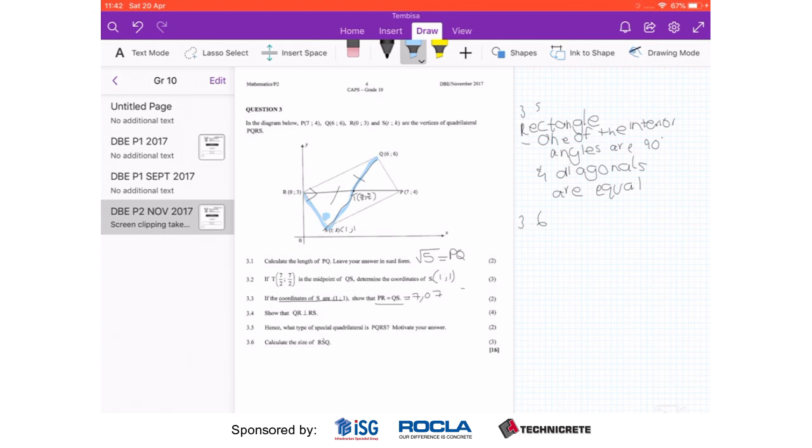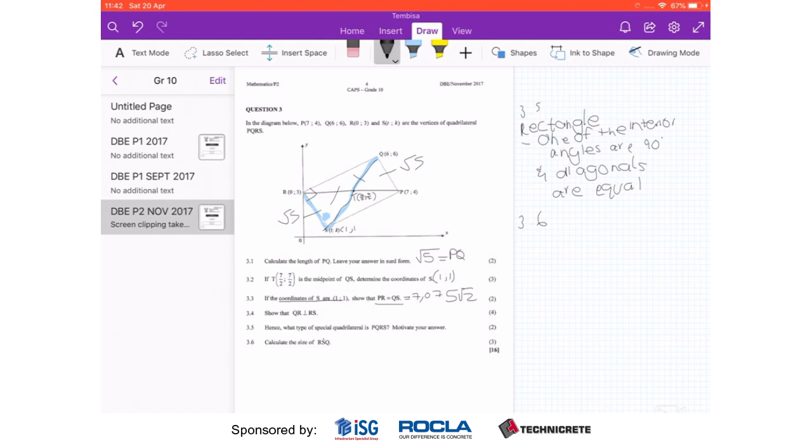What we already know is the length of QS, which is 5 root 2. And we know the length of PQ. If this is a rectangle and this side is equal to this side, this was root 5 and this would also be root 5.